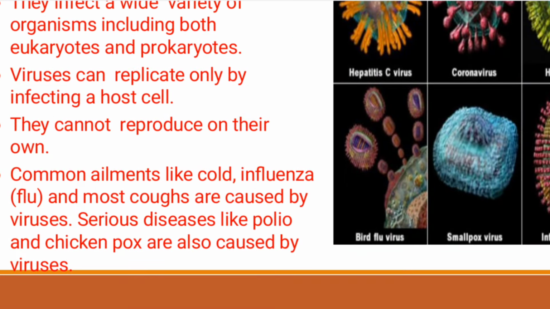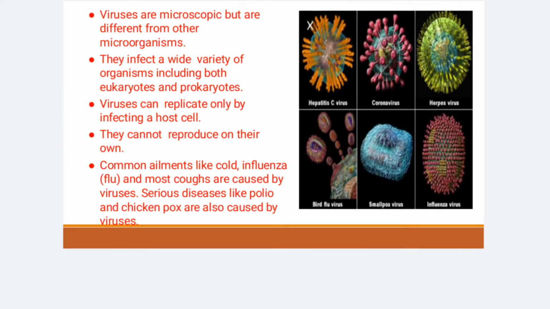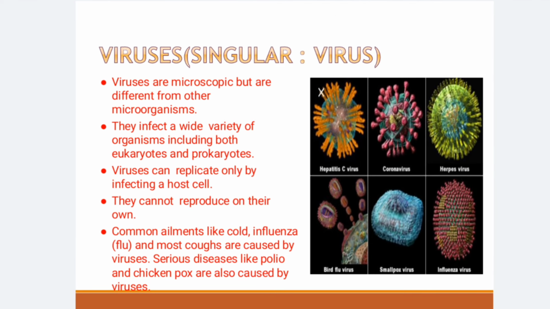Now we come to another group of microorganisms, which is known as viruses. Singular is virus. These viruses are special organisms. They are at the borderline between living and non-living things. When favorable conditions are there, they behave like a living organism, and when unfavorable conditions are there, they behave as a non-living body.